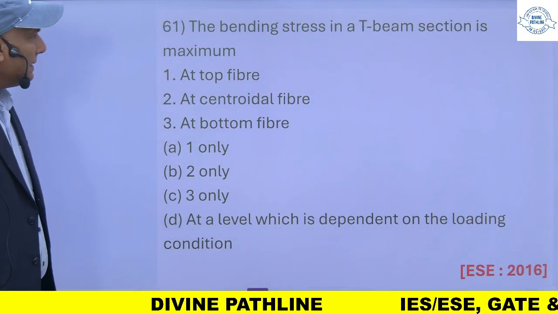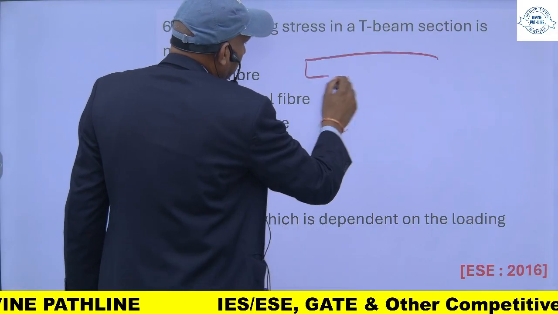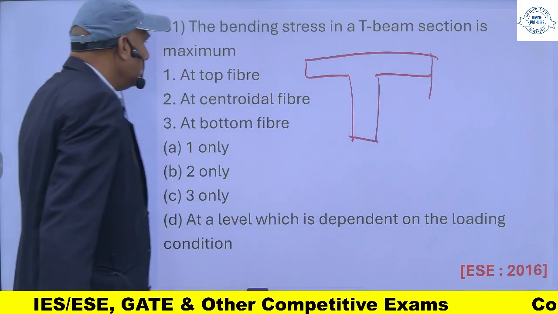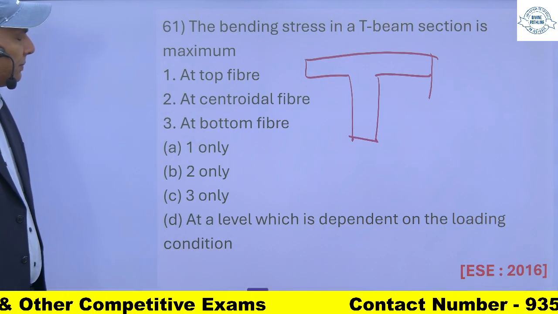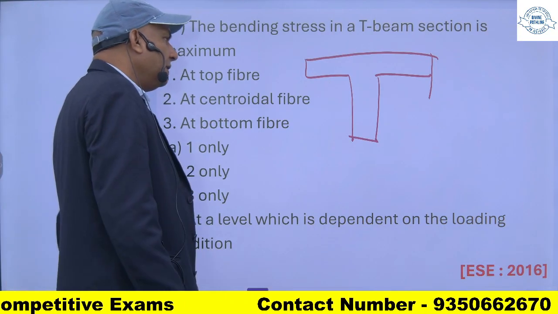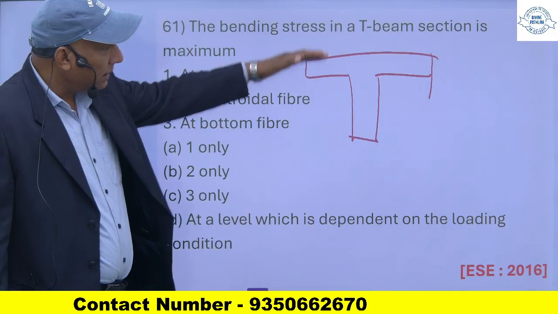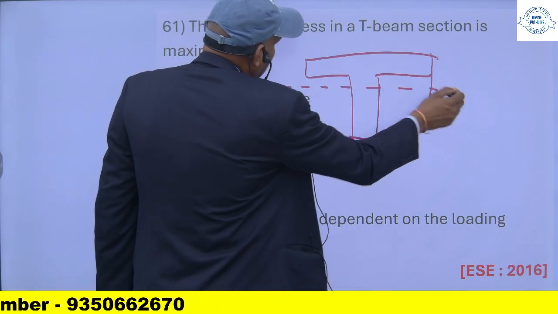The bending stress in a T beam is maximum at the top fiber, at the centroidal fiber, or at the bottom fiber. As we know, in case of a T beam, the distribution of area is more on the upper side, in the flange side. But its neutral axis will be near the flange.